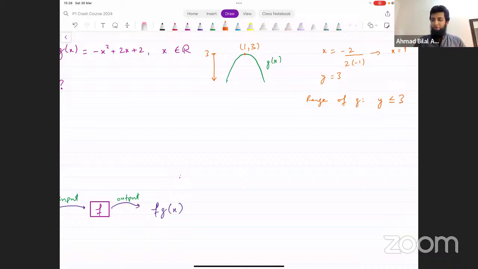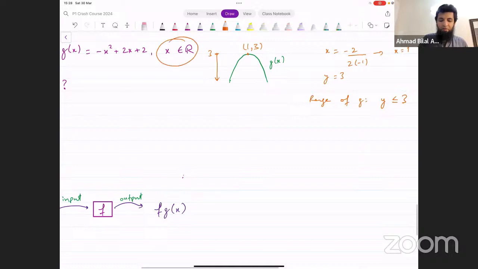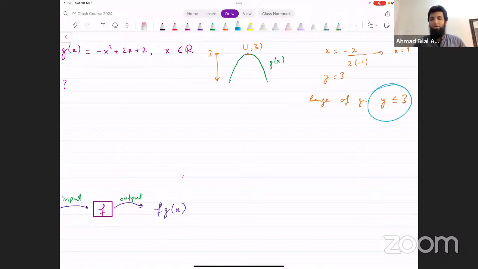So that means when you input any real value into this function g, the output that you get could be any value less than or equal to 3. It could be 3, 2, 2.5, 1.7, 0, minus 2, minus 5, minus 100, right? It could be any value that's less than 3. That's the range of this function, all right?